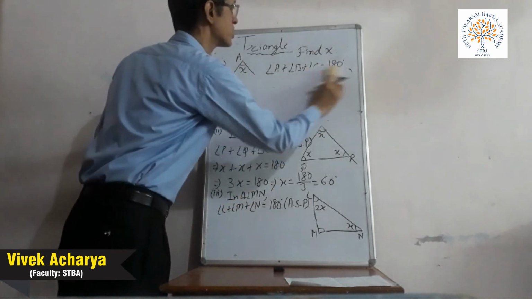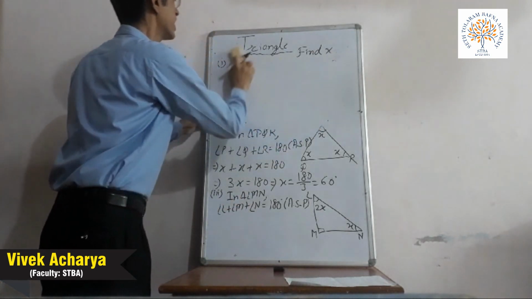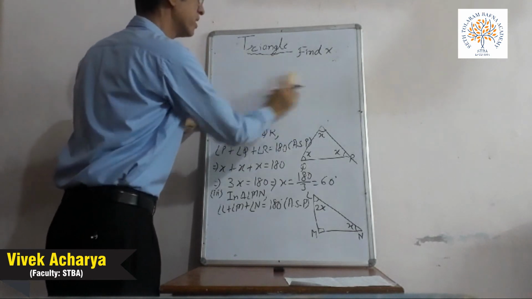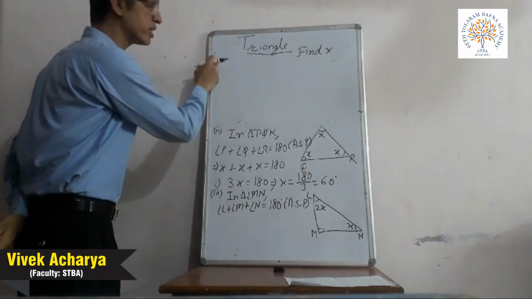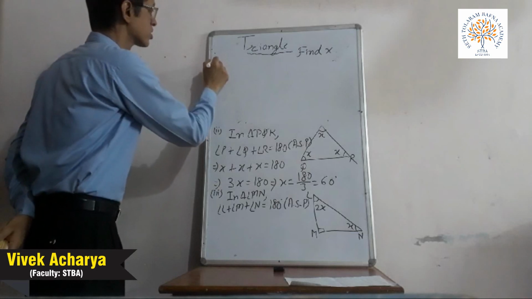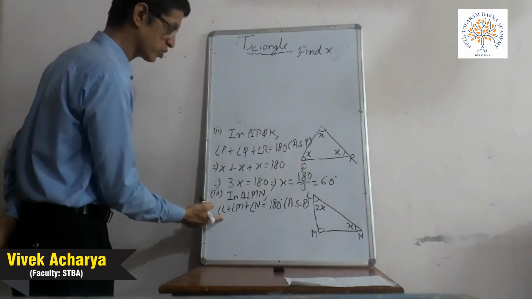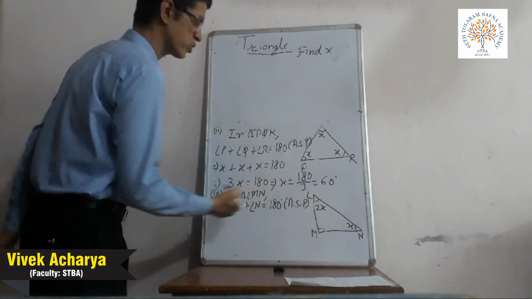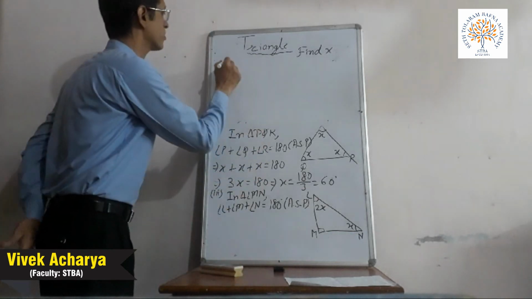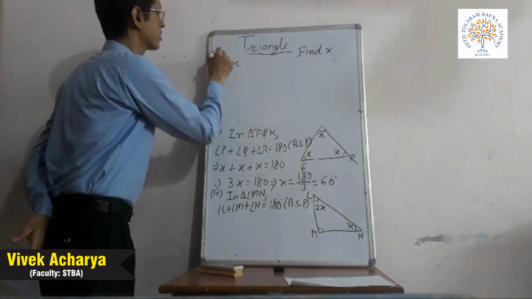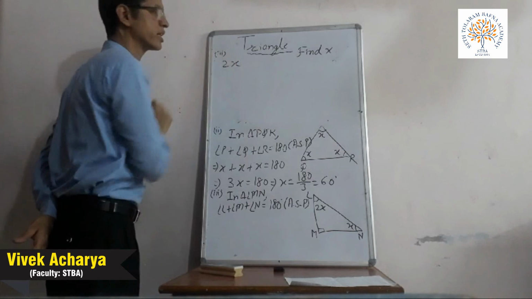Now just put the values of angle L, M and N. I am going to continue this question here. So angle L equals 2x. So write the value of angle L, 2x. I am going to continue the third question here.